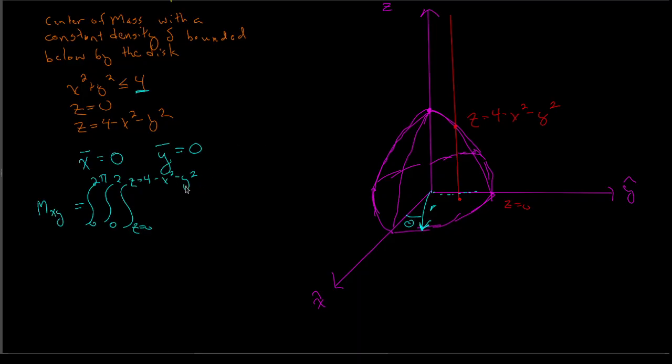And if I look at the rest of my moment equation, I'm going to need z times that constant density times dz, but then I'm switching to cylindrical coordinates, so that's going to be r dz dr d theta.